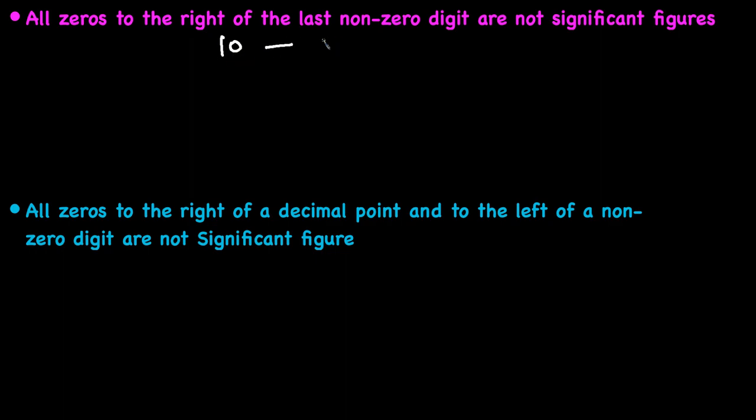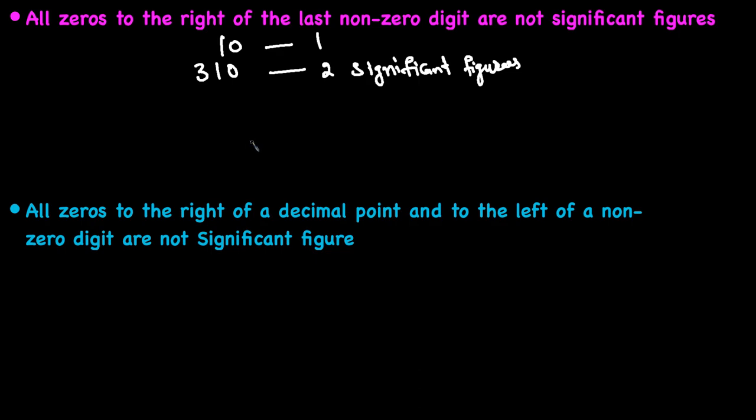So there is only one significant figure. Let's say I wrote 310, and 1 is the last non-zero digit, and the 0 after that, we are not going to count it as a significant figure. So in this case, we got only two significant figures.